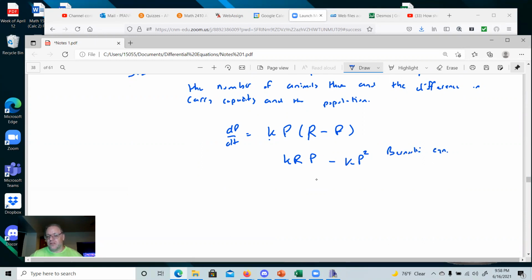Or we could just divide by everything that has P's in it, and then do partial fractions because it's still separable. And when you're working these problems, if it's separable, that's the one you want to go with first, because as horrible as the integrations might be, the weirder techniques that you're going to learn are just going to make things worse. If you have the option of keeping it separable, chances are you want to keep it separable.